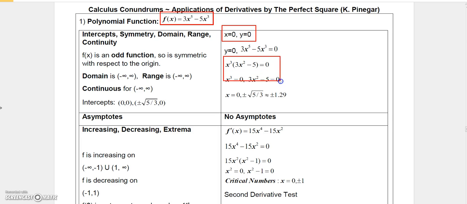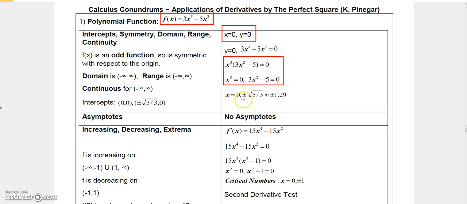That allows me to set x cubed equal to 0, or 3x squared minus 5 equal to 0. Now, x cubed equal to 0 just leads to x equals 0. But when you set 3x squared minus 5 equal to 0, if you add 5 to both sides, then divide by 3, you get x squared equals 5/3. So x would be plus or minus the square root of 5/3.